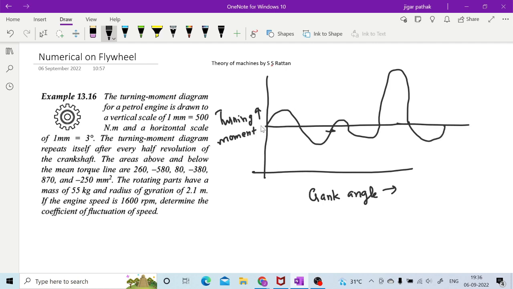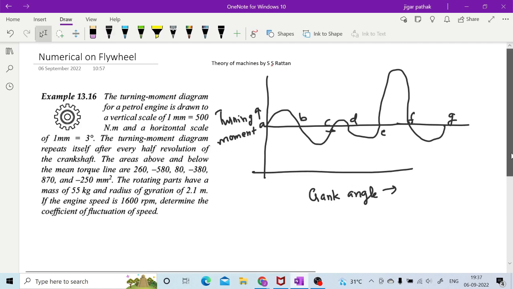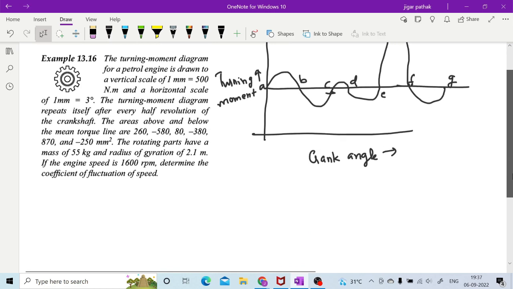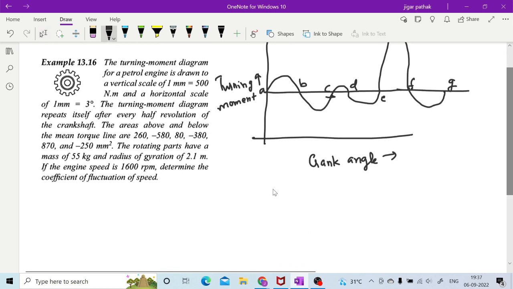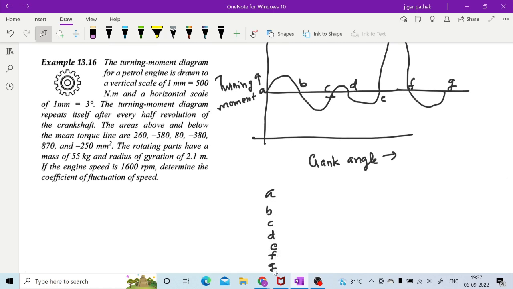Now let us say this as point A, then B, then C, D, E, F and G. If I call this the turning moment at point A, let us make a table for this. If I say points A, B, C, D, E, F and G, that is not a good idea, right?